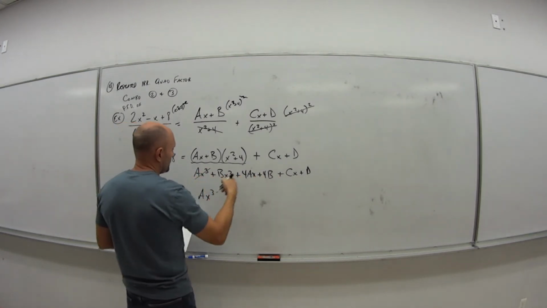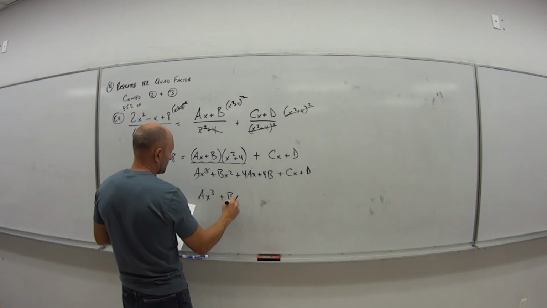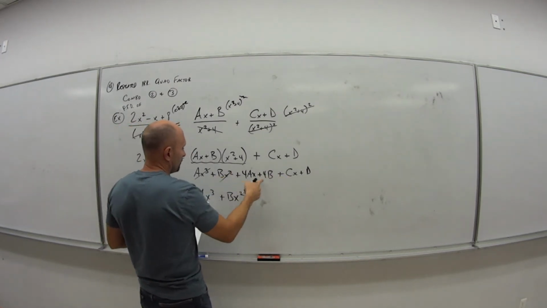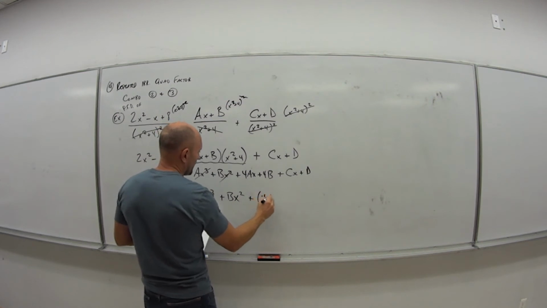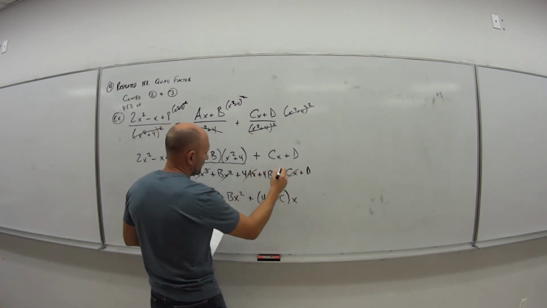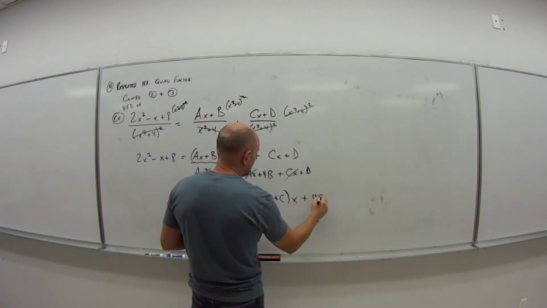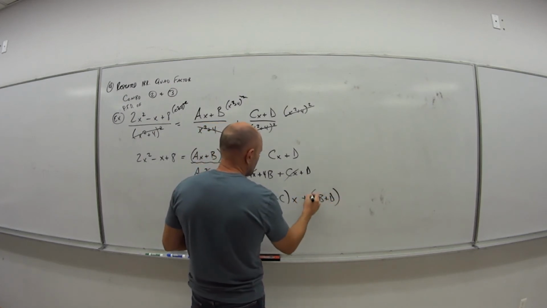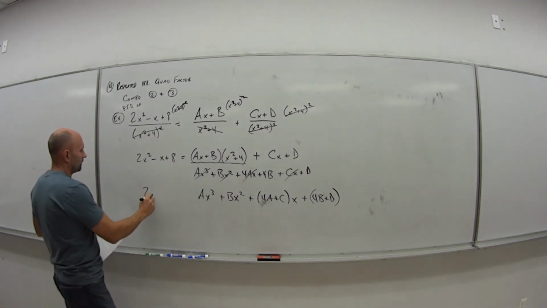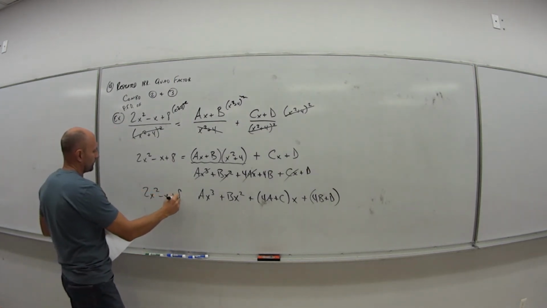My x squared pieces, just plus Bx squared. My x pieces, I have 2 of them, so 4A plus C times x. And then lastly, 4B plus D as my constant piece. So again over here, 2x squared minus x plus 8.